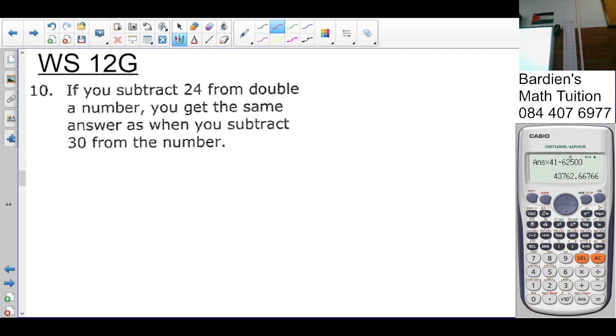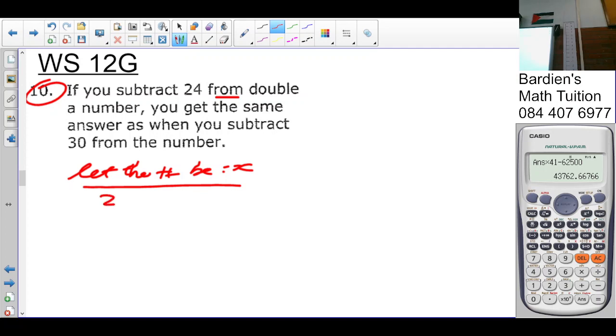If you subtract 24 from double the number, so we say let the number be x. Whatever follows from, you write first. So double the number would have been 2x. Subtract 24 from double the number. You get the same answer as when you subtract 30 from the number.